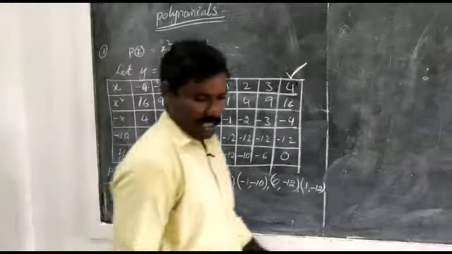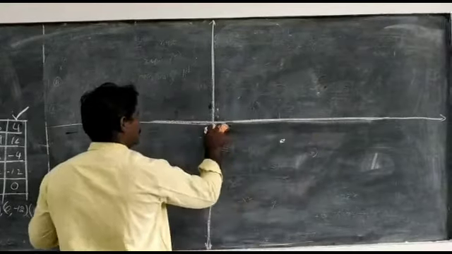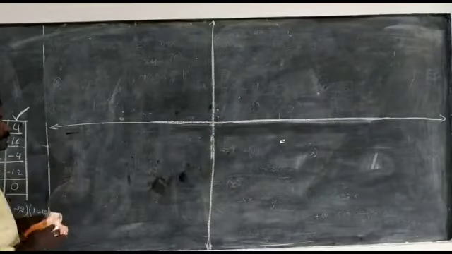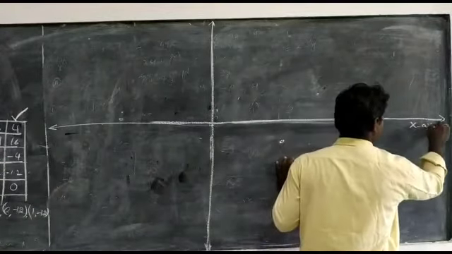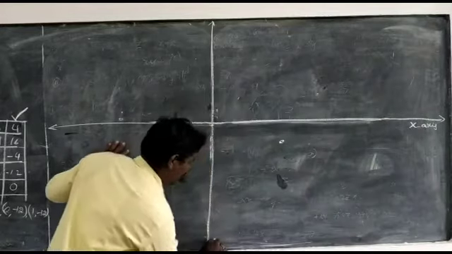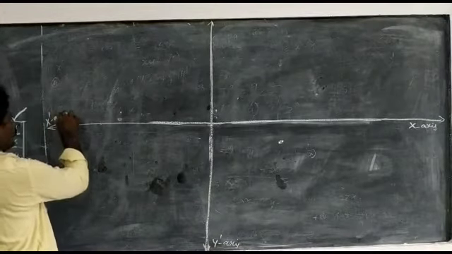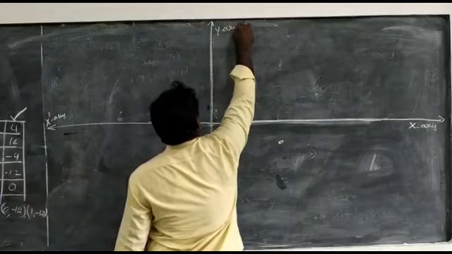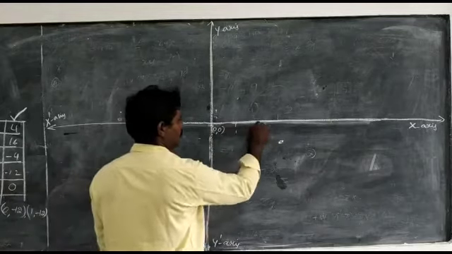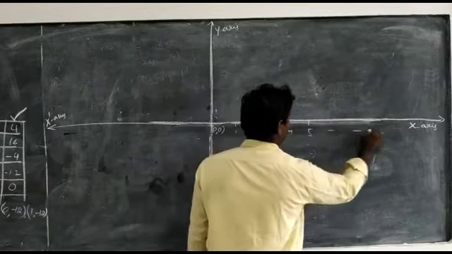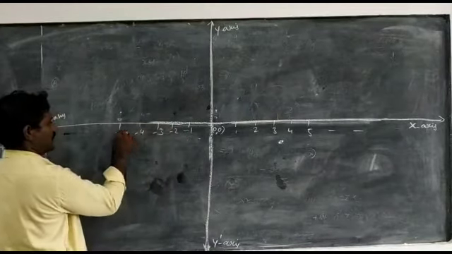Now we are going to the graph sheet part. This is the x-axis, this is the y dash axis, this is the x dash axis and this is the y axis. Now I am taking the ordinates 0, 1, 2, 3, 4, 5 like this, and on this side minus 1, minus 2, minus 3, minus 4, minus 5 and so on.